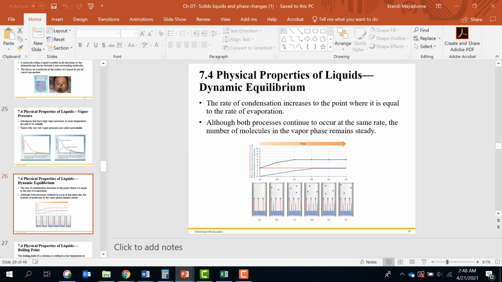But then slowly the vapor phase saturates, and the vapor starts condensing. If you leave the water bottle overnight, at the beginning you don't see any water droplets, but after 6 or 7 hours, you see small water droplets deposited along the bottle because of condensation. There's a certain time when condensation and evaporation come to the same rate. At that time, we call it dynamic equilibrium.